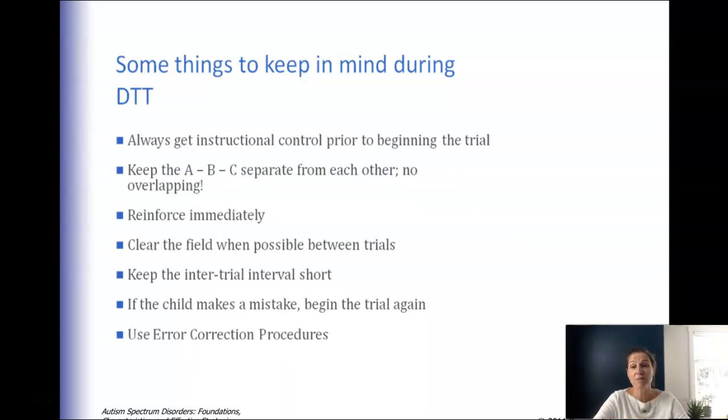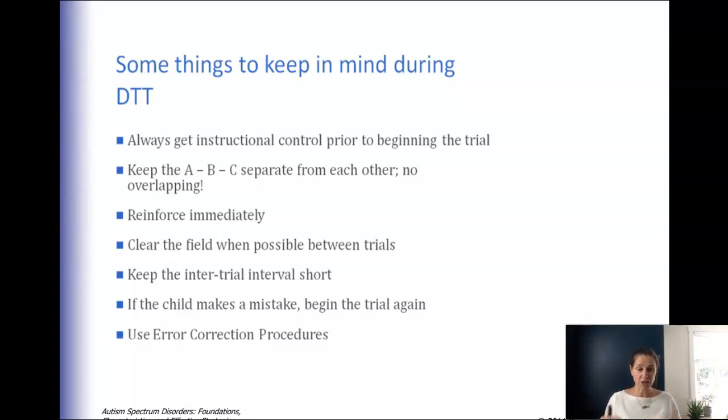So some things that you have to keep in mind: you always have to have instructional control before starting the trial. So you always have to make sure that you have the student's attention and everything is ready to go. You have to make sure that each step in the 3-term contingency, the antecedent, behavior, and consequence, are separate.